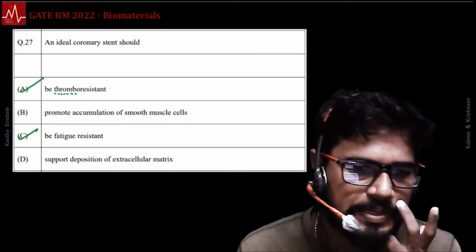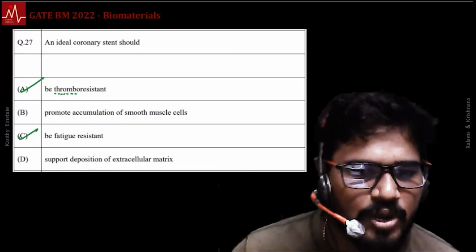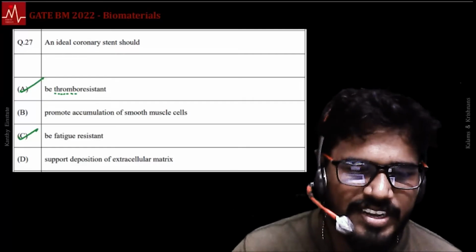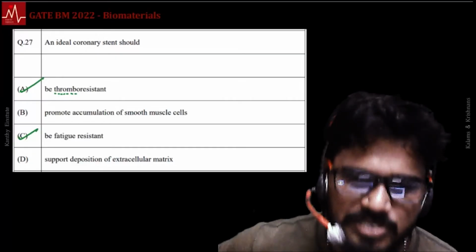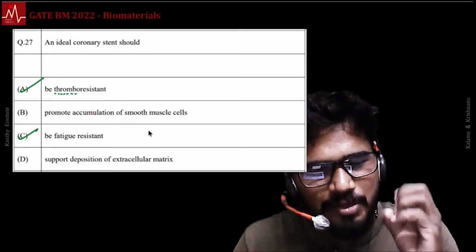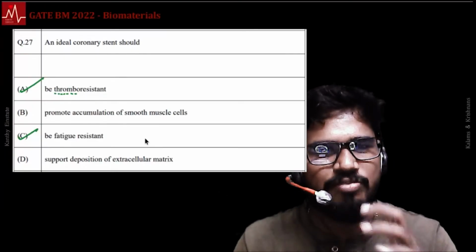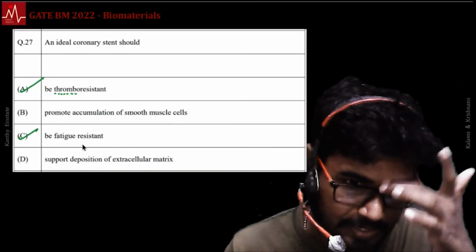Eventually, the ISS cannot be functional. This is failure due to repeated thermal loading, but typically failure due to repeated mechanical loading is what is termed fatigue. And for the stent you put in, there is repeated cyclic loading because of the pulsatile heartbeat, and you want to avoid that. So fatigue resistance is important.